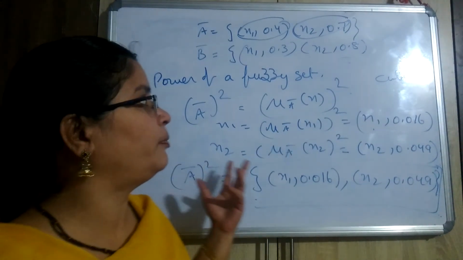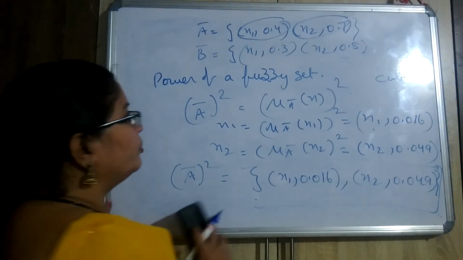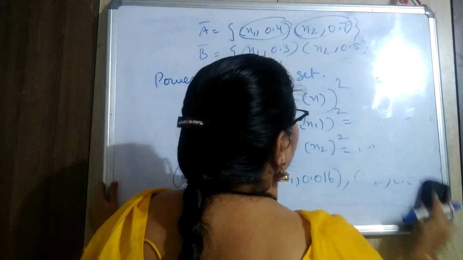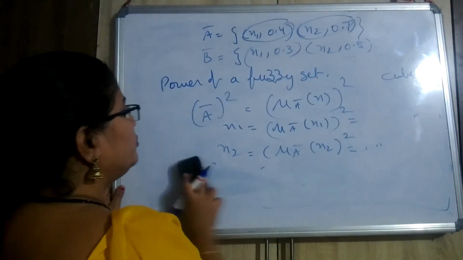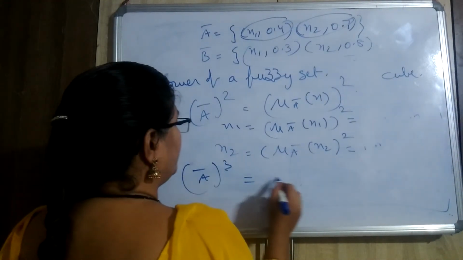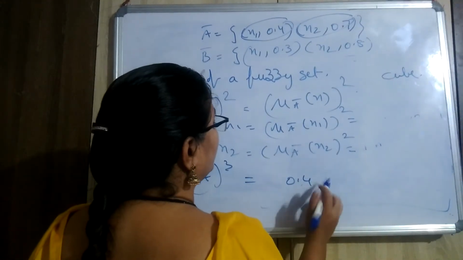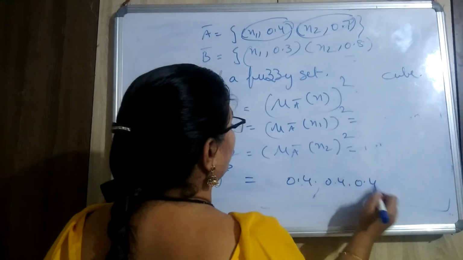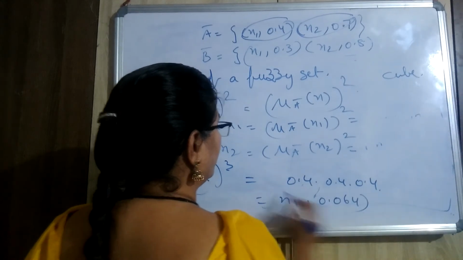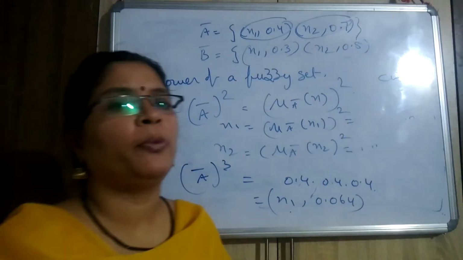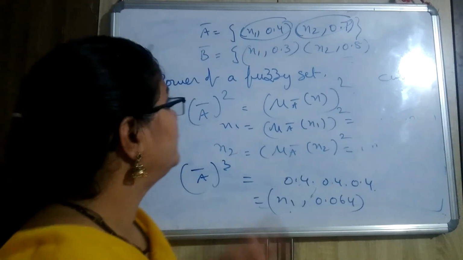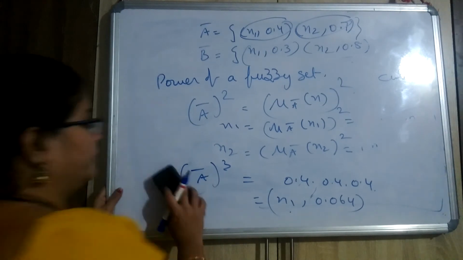But whenever it is a cube operation, I need to multiply again: A bar cube, 0.4 into 0.4 into 0.4. That is x1 comma 0.064, the value will come. Like that you can use the cube operation, or to the power of 4, whatever you want. So this is the power of a fuzzy set.